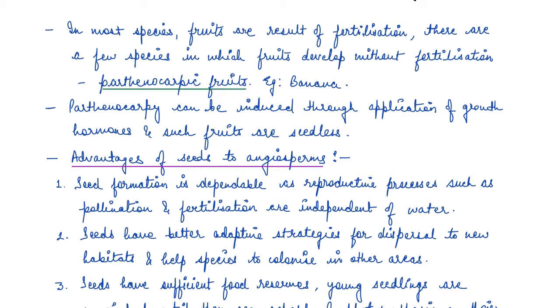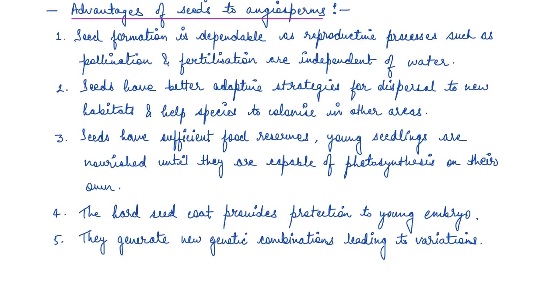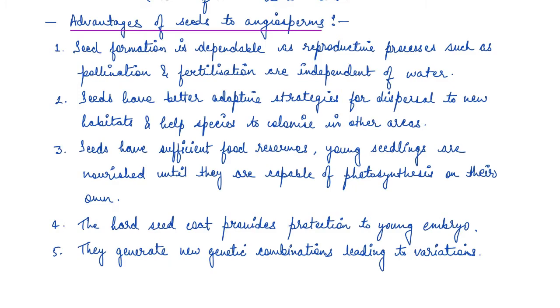Now we'll see what the advantages of seeds in angiosperms are, right? The first advantage is that seed formation is dependable, as the reproductive processes such as pollination and fertilization are independent of water.